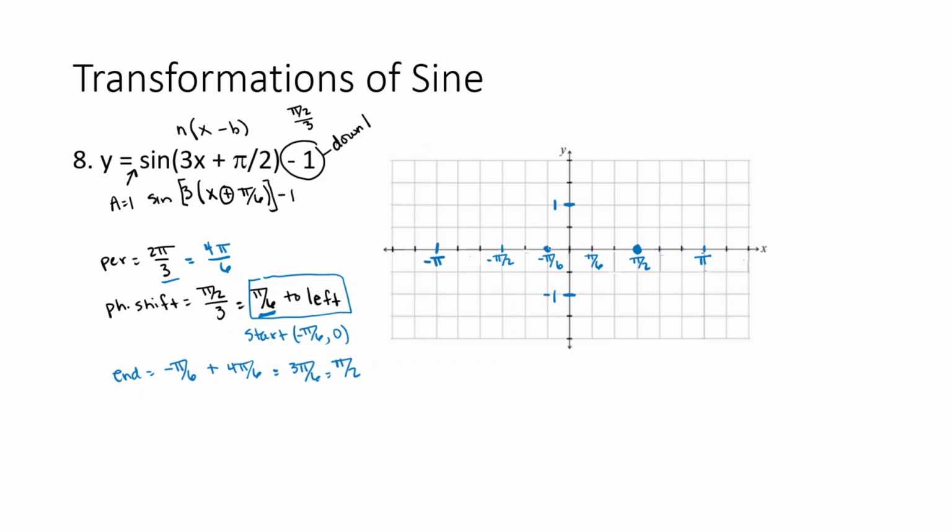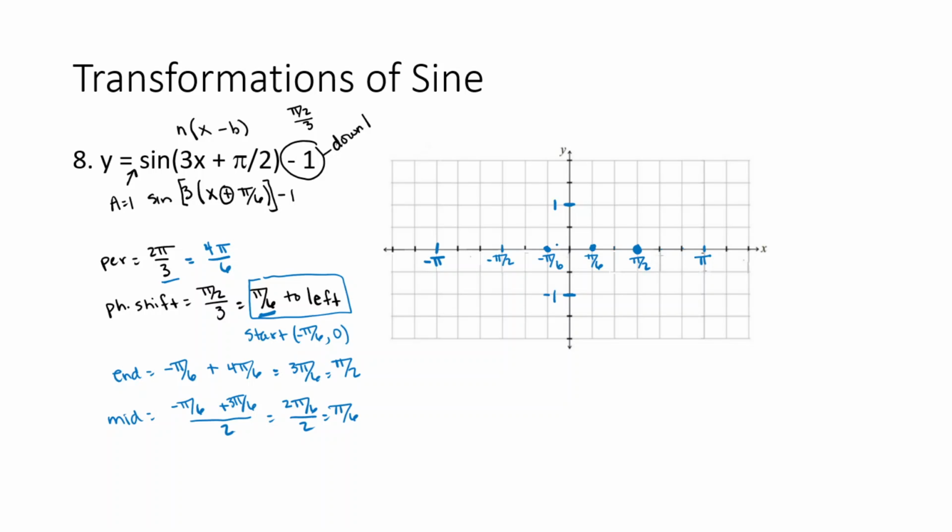Now my middle, I can look at my tick marks and just come into the middle and find it right here at pi 6. Or I can calculate it as the beginning plus the end, which I'll put there as 3/6, divided by 2. So that's going to get me 2 pi 6 over 2, which is pi 6. That's exactly where I plotted it.